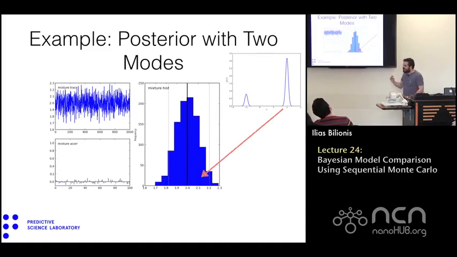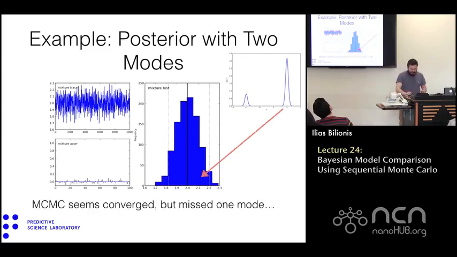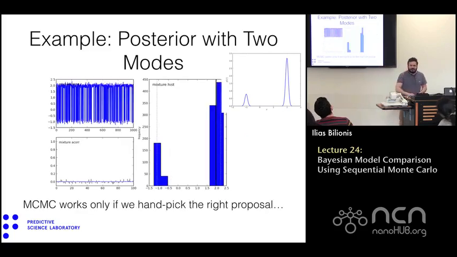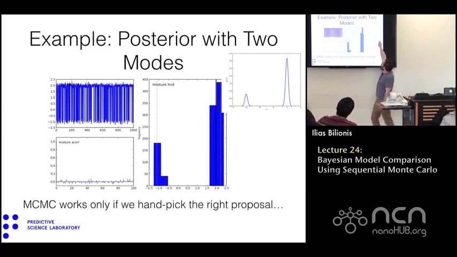Now, here I use a proposal that is basically jumping a little bit, right? So to jump to the other side, it has to jump here, here, here, here, through a series of very unlikely moves to get to the other one. Now, if I just pick the proposal so that it has moves that are very big, and that's what I did here, then I can make it jump from one to the other.